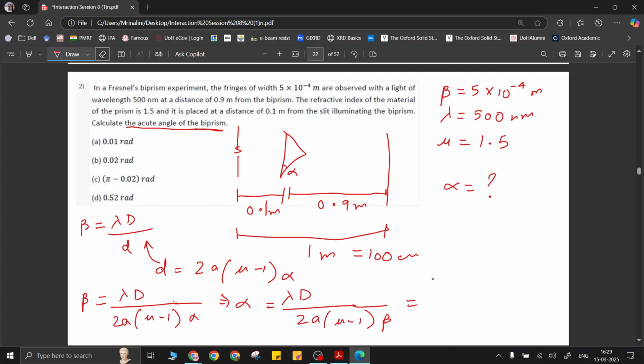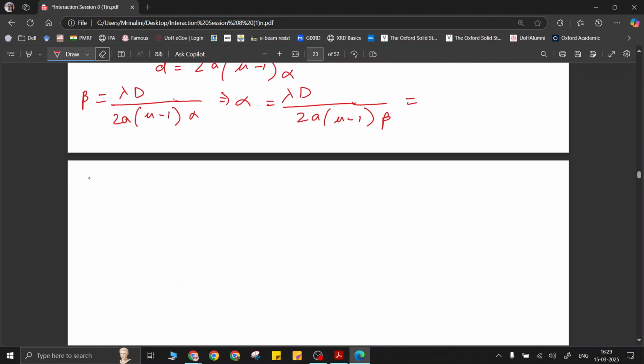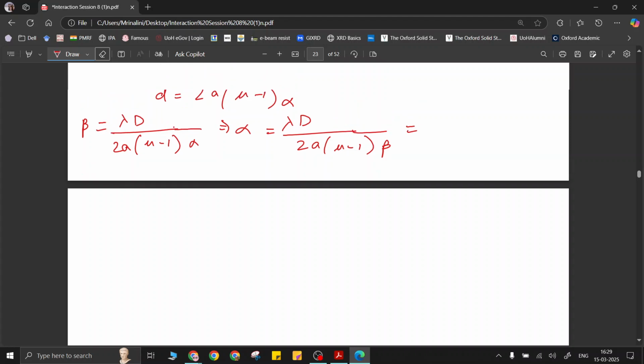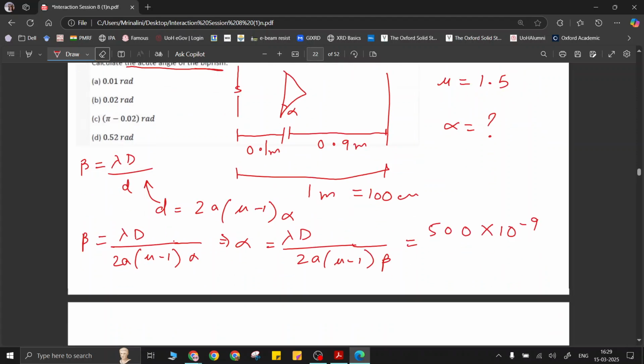Now when we substitute these values, let me write here. So lambda is how much? Lambda is 500. Let's put everything in meters, 10 to the power minus 9.